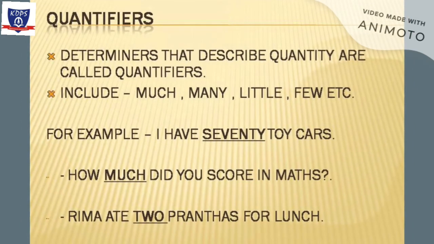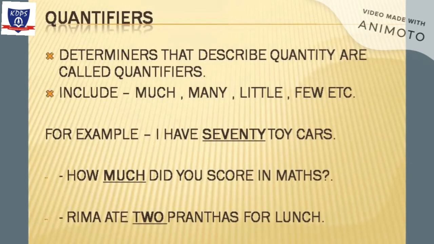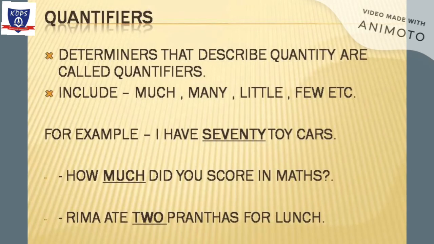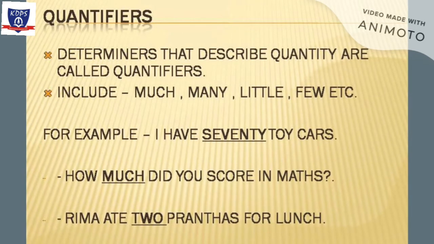Quantifiers, very easy determiners, in that we are talking about the quantity. I have 2 cups of tea, मैंने 2 कप चाय ली, so here my quantity is 2. When the determiners are describing the quantity, then those determiners are known as quantifiers.